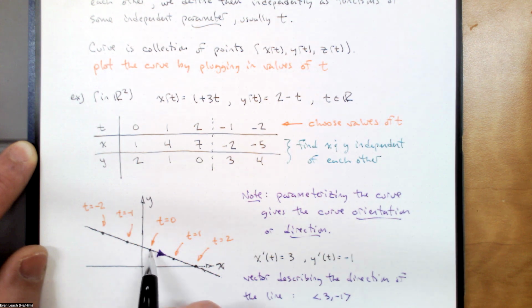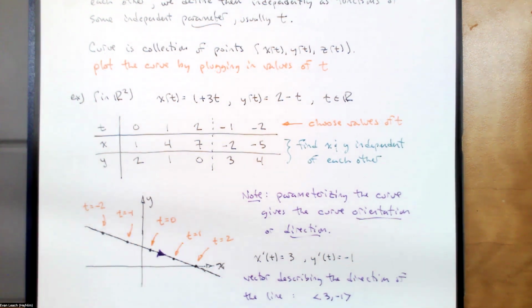Because from t equals 0, if we go 3i minus 1j, we'll go from 1, 2 to 4, 1.